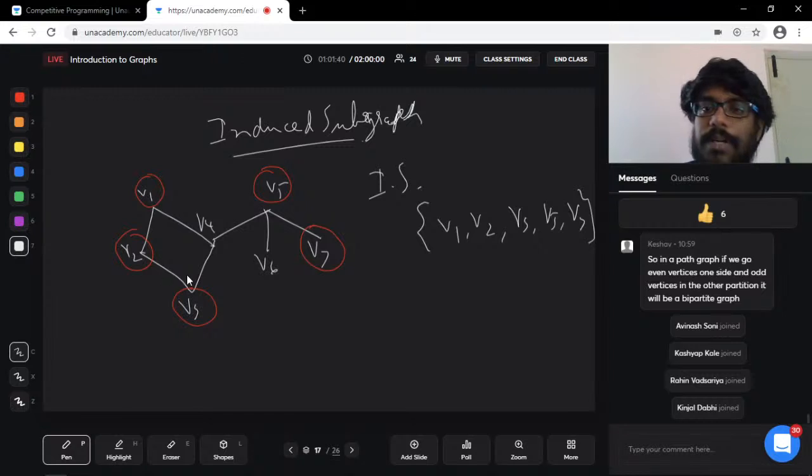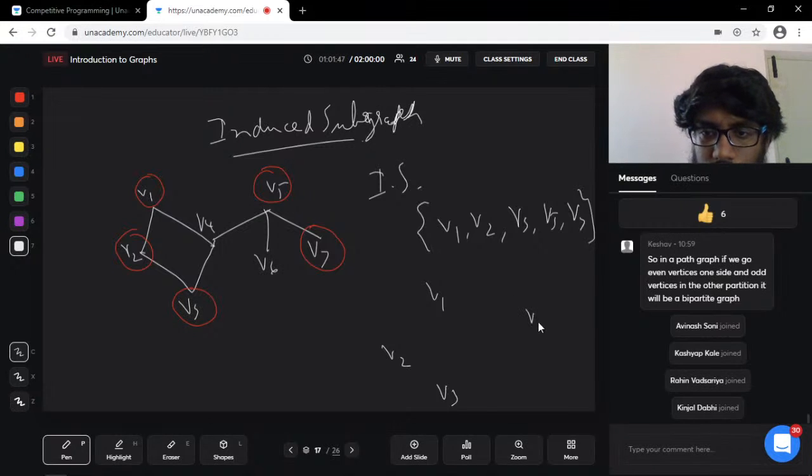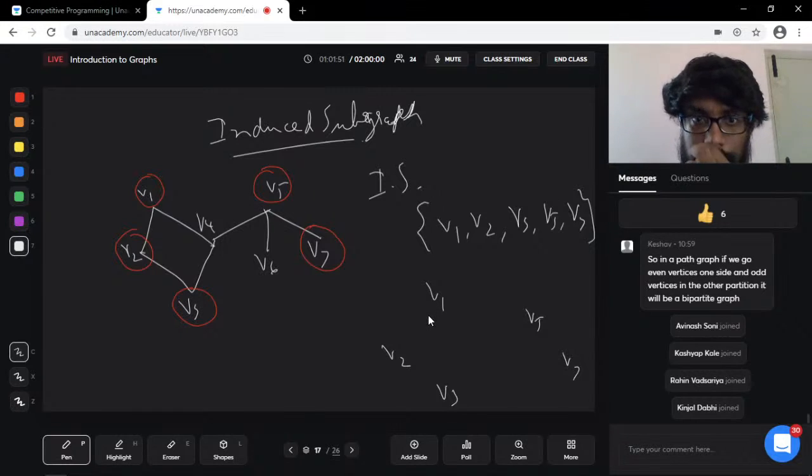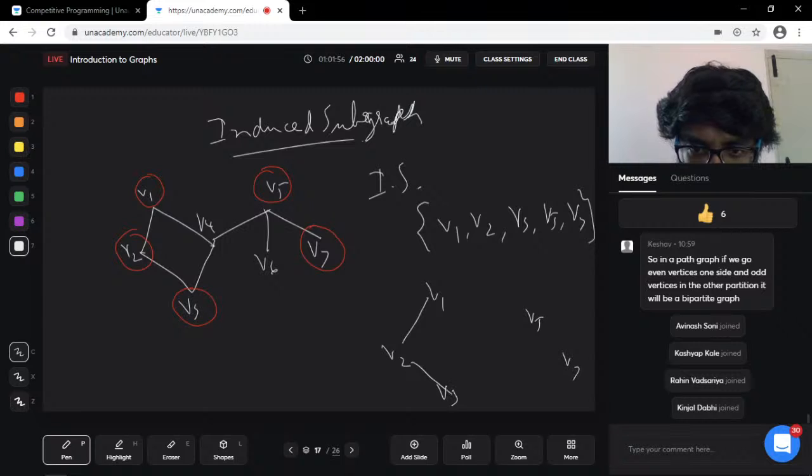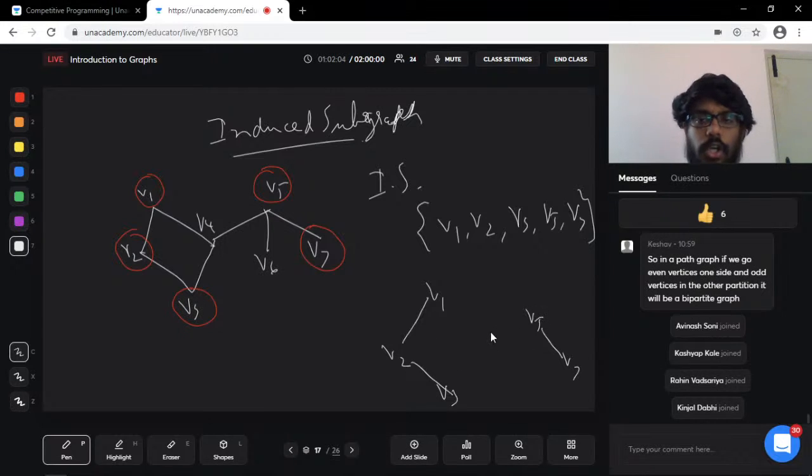So what will the induced subgraph be? I'll write V1, V2, V3, V4 I'm not writing, V5, V6 I'm not writing, V7, and now all the edges which lie between them. So this is an edge, this is an edge, and this is an edge, right? So I'm taking all the edges which lie between these vertices, and this is called an induced subgraph.